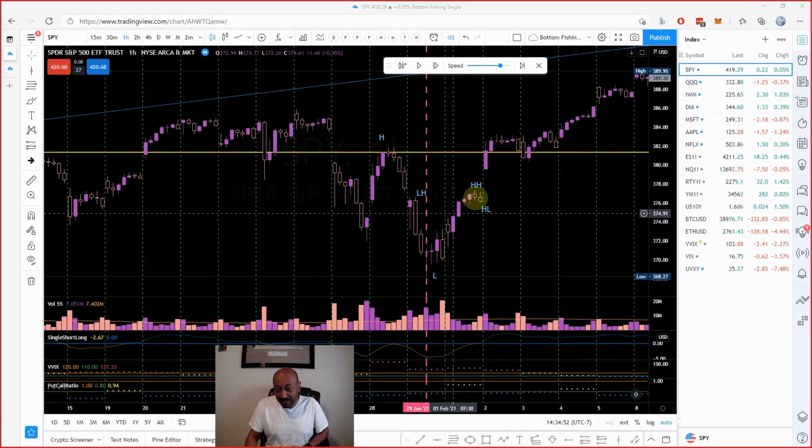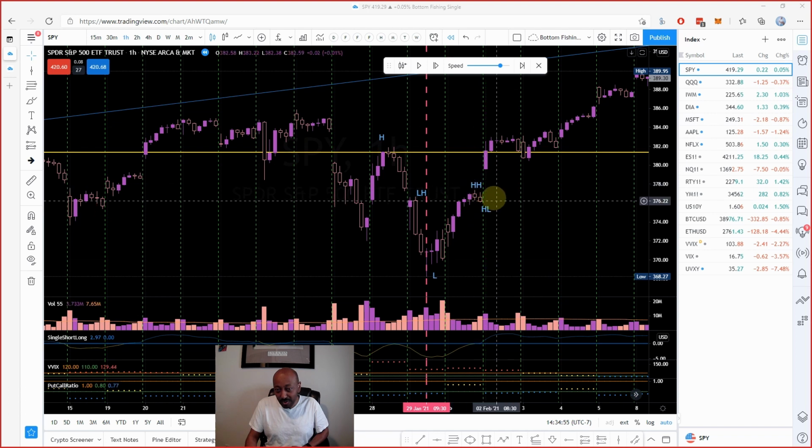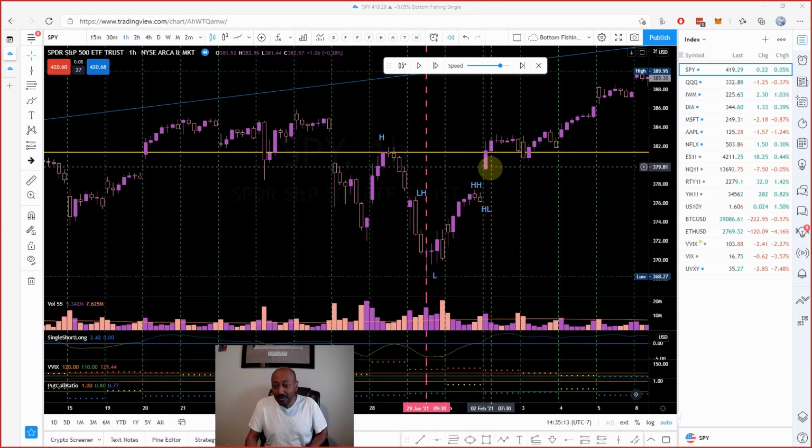You've already identified it's a higher high, higher low. You already know the high of this bar is 377.34. So if you get price to go above 377.34, you're entering. You're already prepared on February 1st. On February 2nd, it opened way above that.